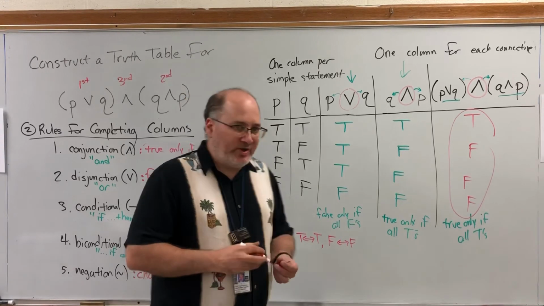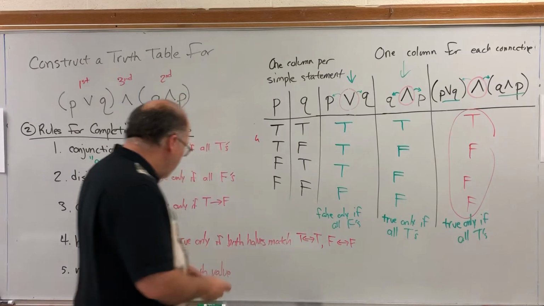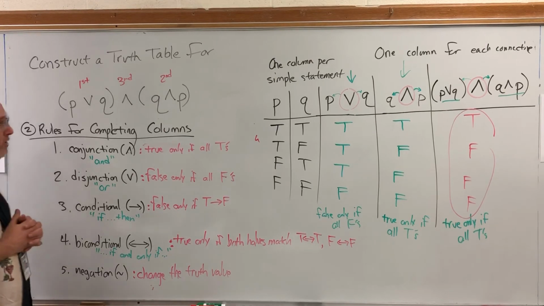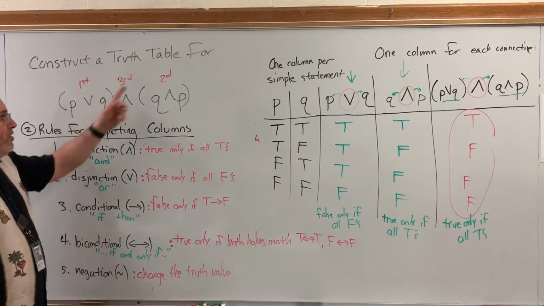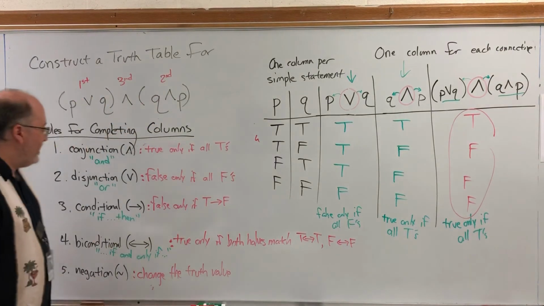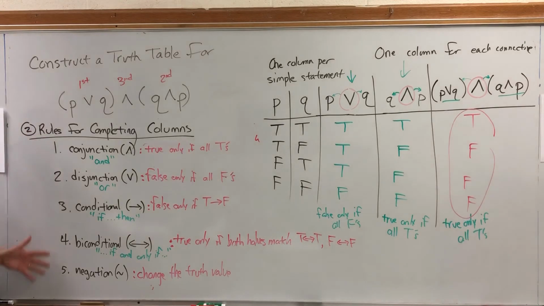I'll do one more example in a single video, but I just want to remind you that when it comes to building and completing a truth table, there's really only two things you need to know to start it. Number one, the hierarchy of connectives will dictate the order in which you set up the columns. And number two, the rules for each connective will tell you how to fill each column.